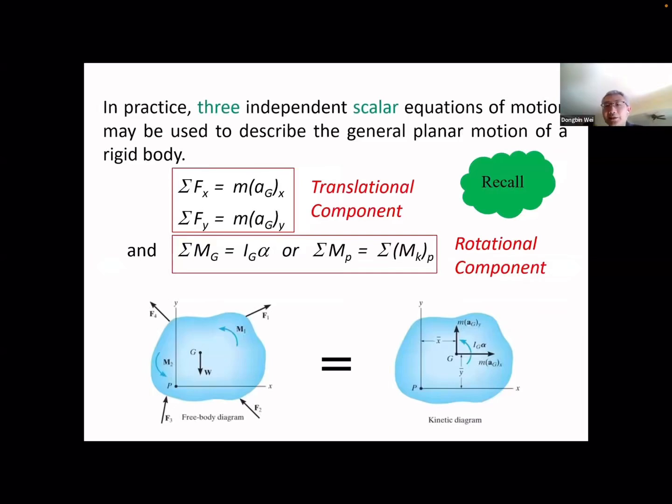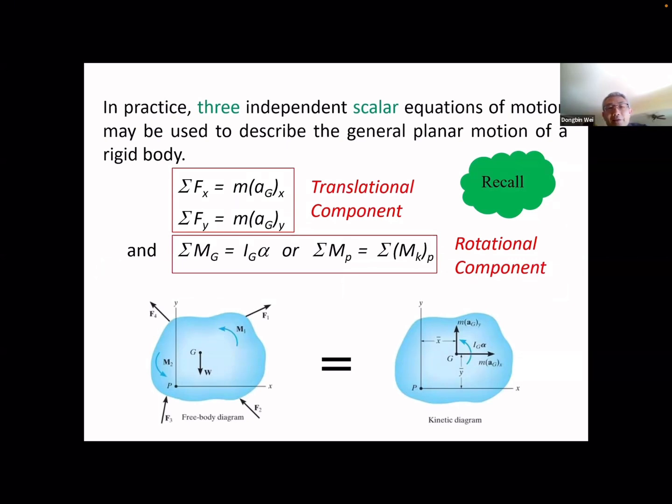Let's go back to the theories and have a look at the equations. So we studied this equation last week, and we know for the kinetic equation of motion, there should be two components. One is a translational component, and another one is a rotational component.